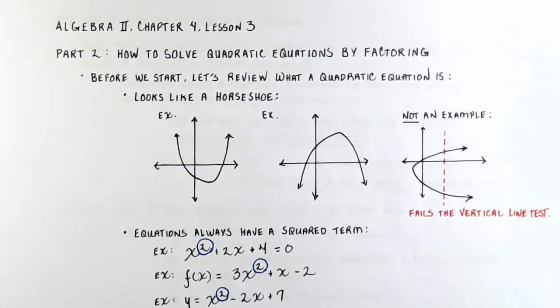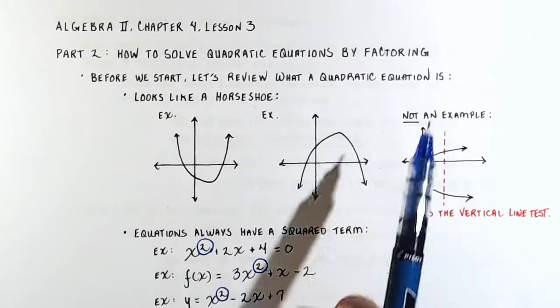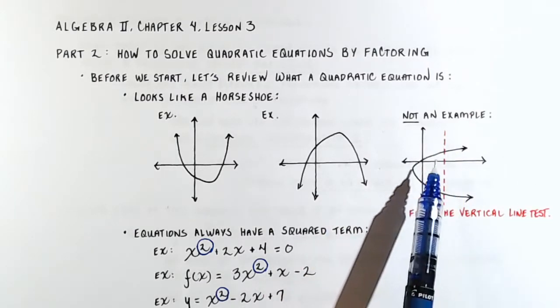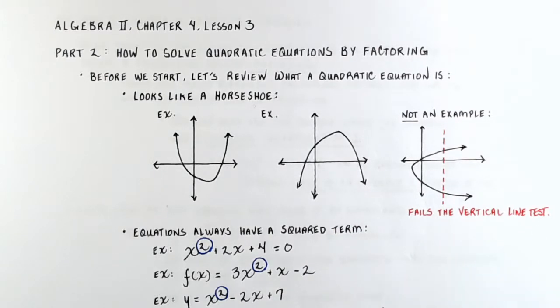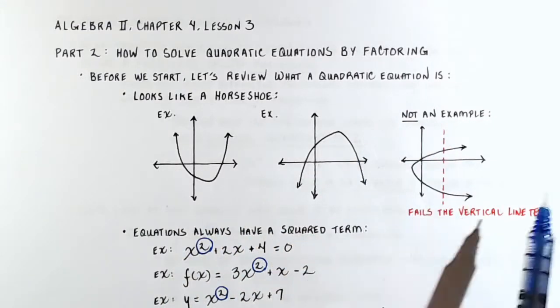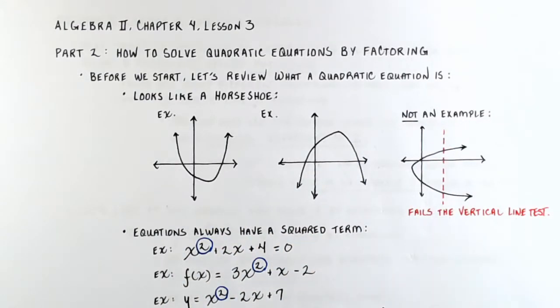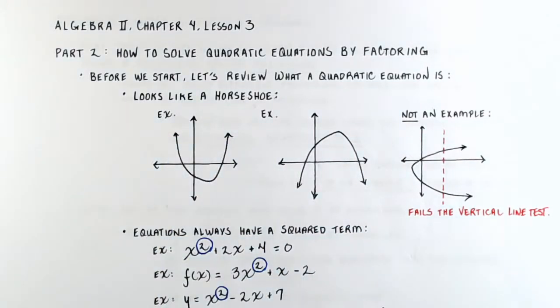What it can't be is a horseshoe pointing sideways, because like this one right here, it's not a quadratic equation because it fails the vertical line test. And I should be more specific here, it's not an example of a quadratic function because it fails the vertical line test. So these are the two kinds we'll be working with most often.